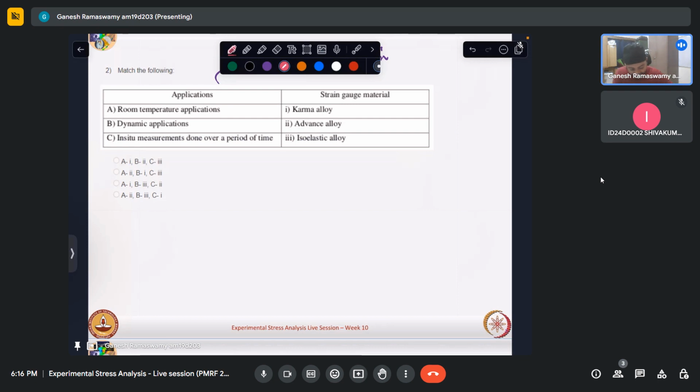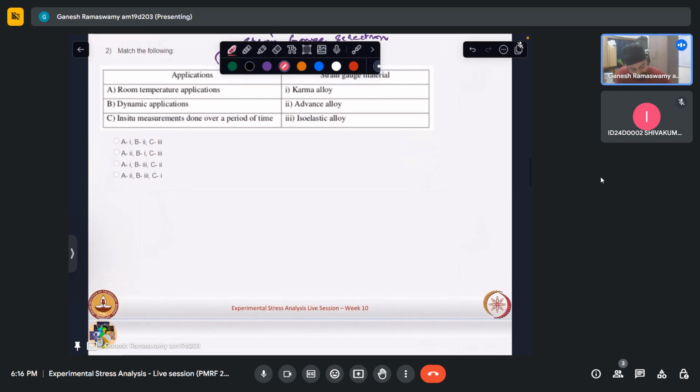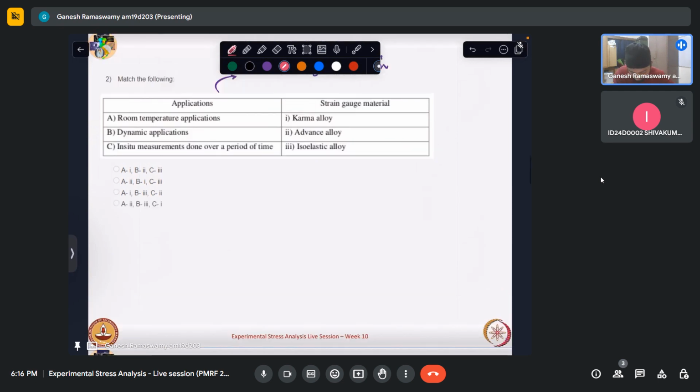For dynamic applications, which of these is useful? And for in situ measurements done over a long period of time, which of them are useful? Now, if we see what the advantages of these are, the Karma alloy has an excellent stability over time.